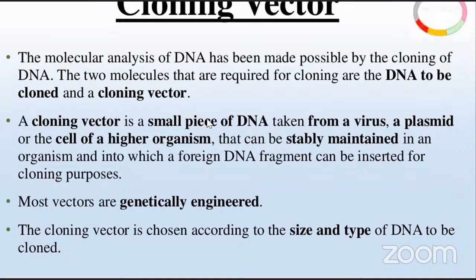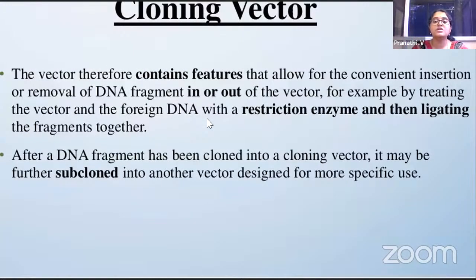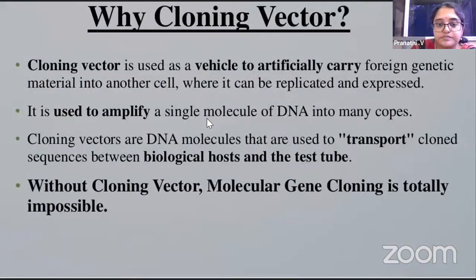Most of them are genetically engineered, and one is chosen as per the kind of DNA, the size, and the type of DNA that you're using to clone. What are the features? It should be able to treat the foreign DNA and the vector alike, so that you get the same restriction site in place, and then the same type of ligase so that they will be able to join to the vector.